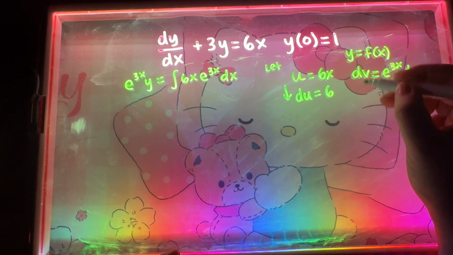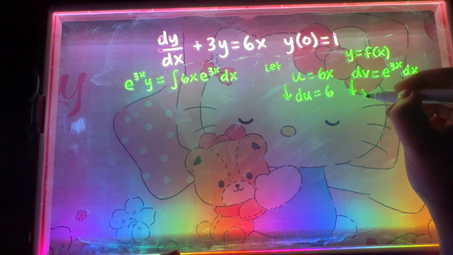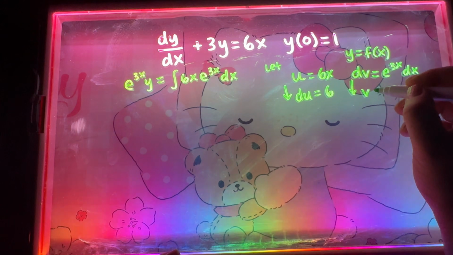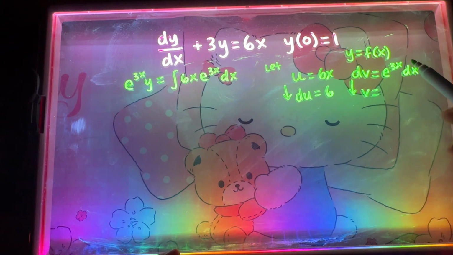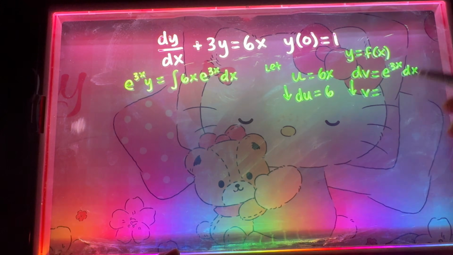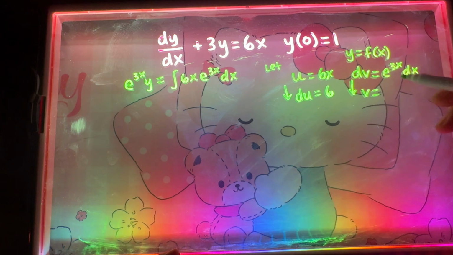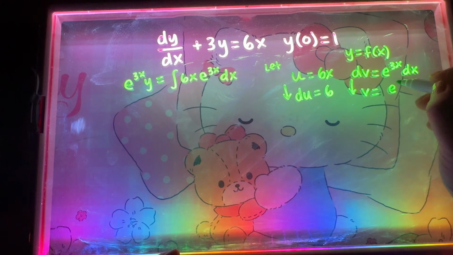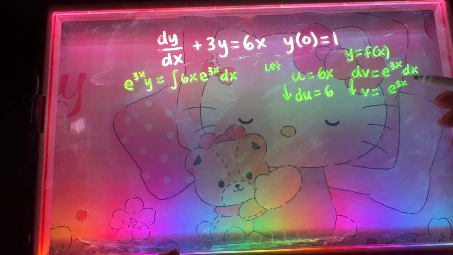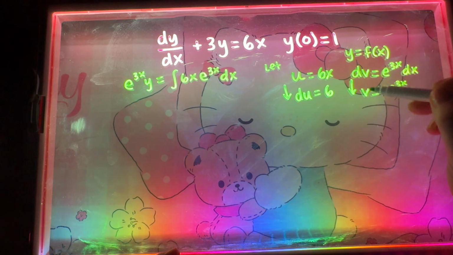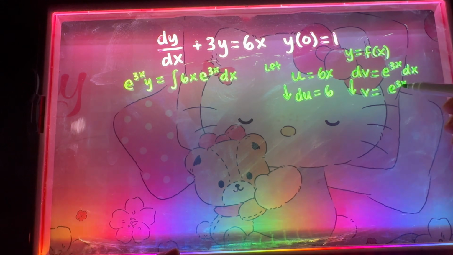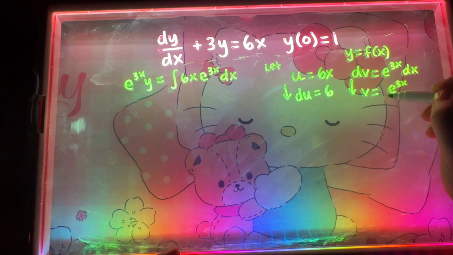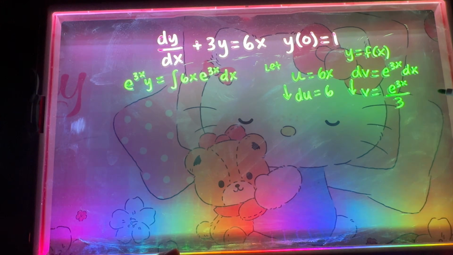And the integral of dv, we have a 3x up here, so if it were just x, the integral is just e to the x, so e to the 3x, but we can do a little u substitution, because when you're doing the antiderivative, you're going to end up doing the chain rule, right, and you'd have to multiply by 3 in front, so instead I'm going to divide by 3.